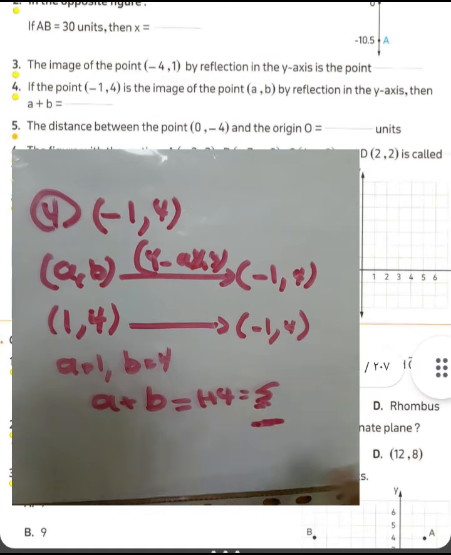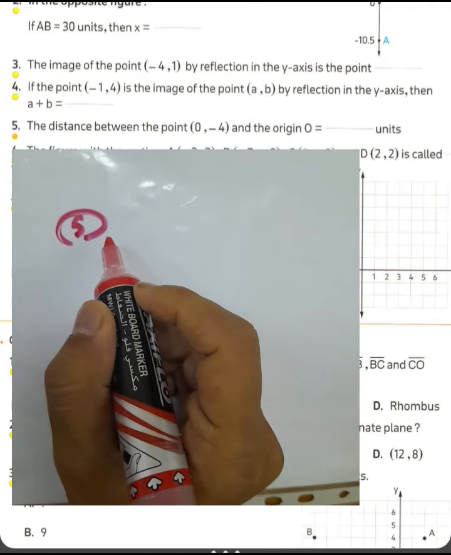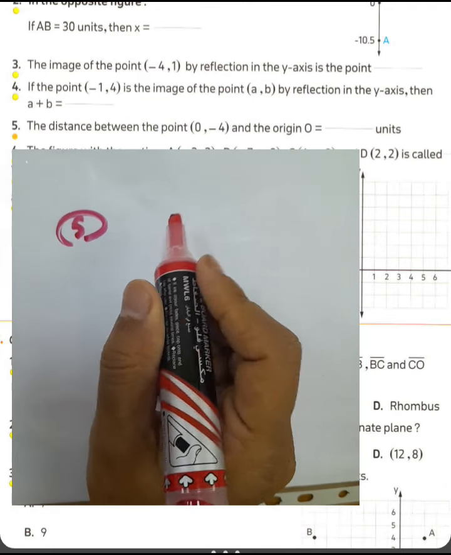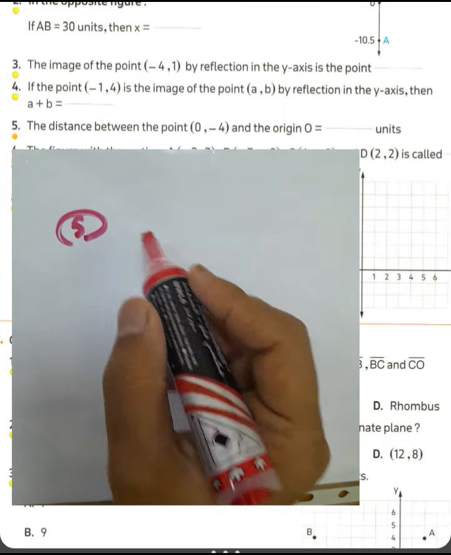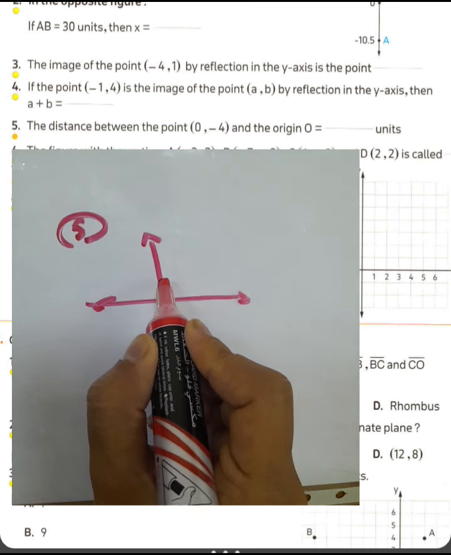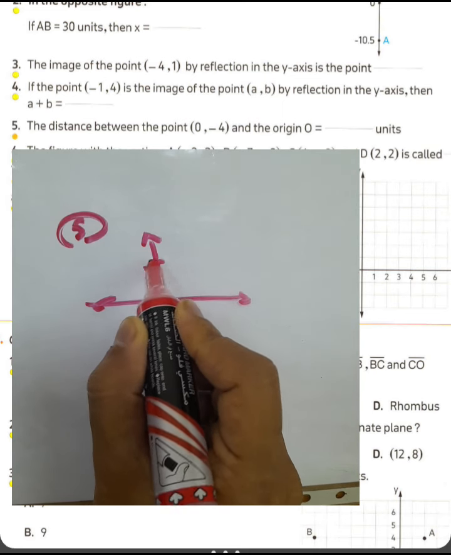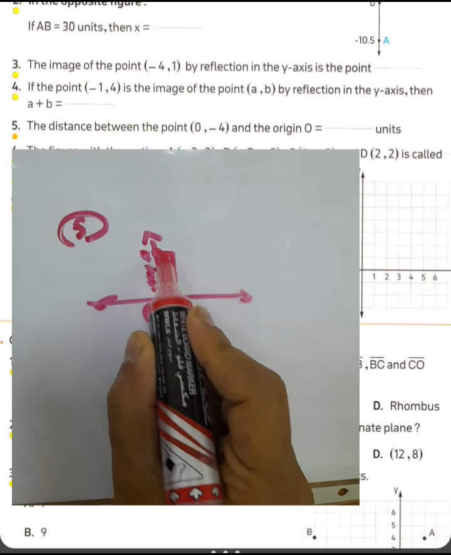Question number 5. What is the distance between the point (0, negative 4) and the origin point O? You want to find the distance between the point 0 and 4: 1, 2, 3, 4 to the origin point. We have 4 units, okay?